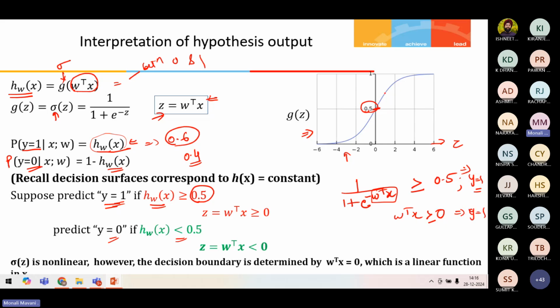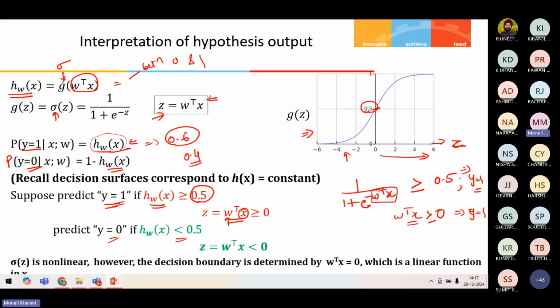Graphically also, when the input is greater than or equal to 0, the output is going to be greater than or equal to 0.5. Z, which is the input here, is nothing but w transpose x, where x are the features and w's are the parameters. So if this weighted combination of input is greater than or equal to 0, then the class is 1, otherwise the class is 0.